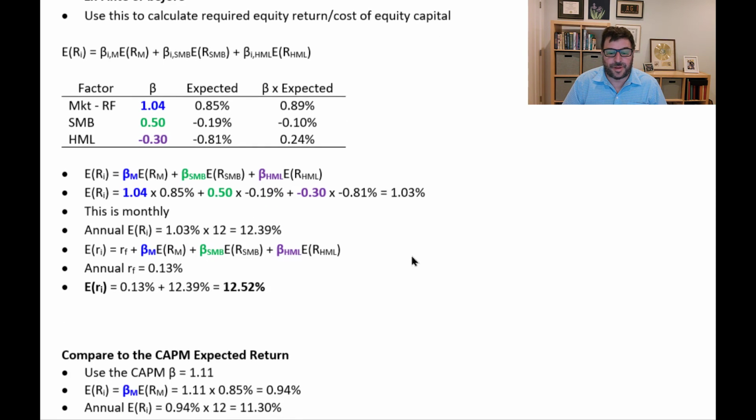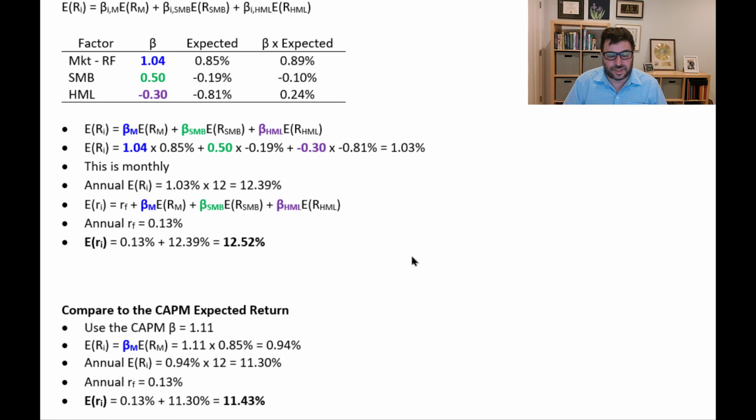And I can compare this to the CAPM expected return. Remember, the CAPM beta was 1.11. Here, the beta of the market is the only factor because I'm looking at the CAPM. I get 1.11 times that same expected market. I get 0.94. I annualize it. I add the 0.13 and I get 11.43%.